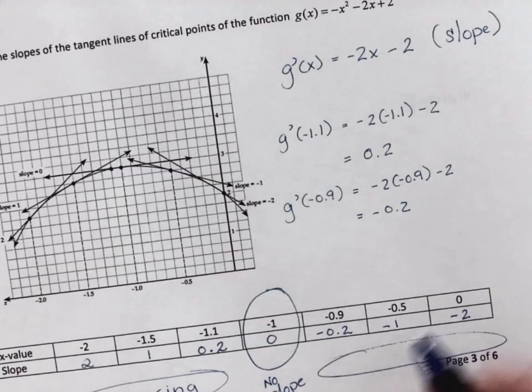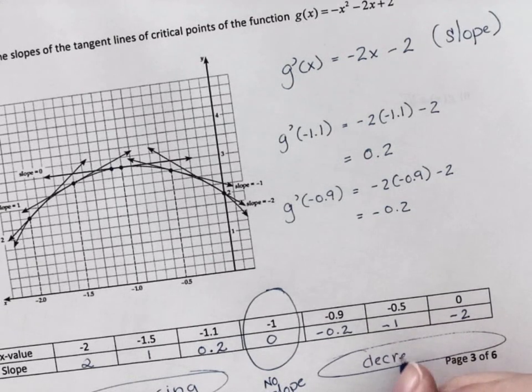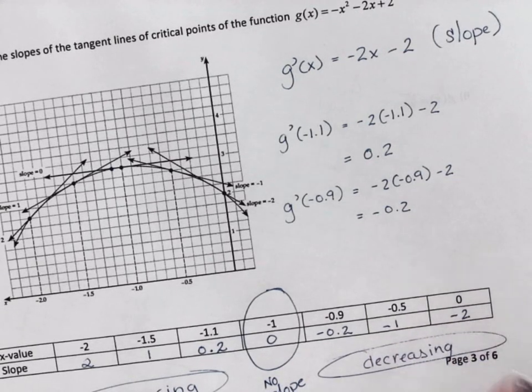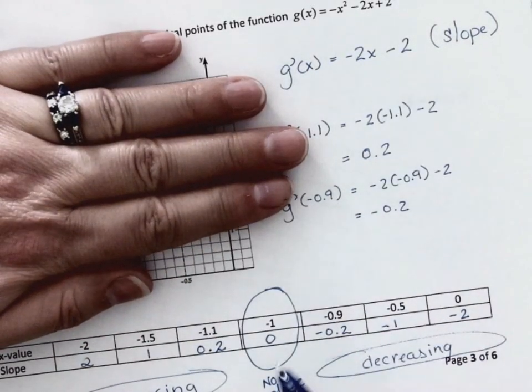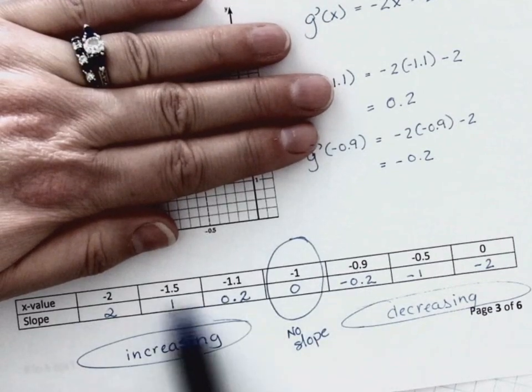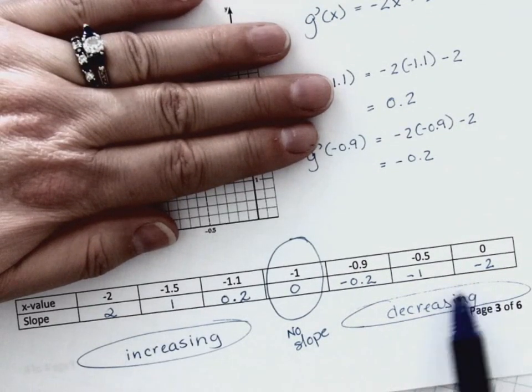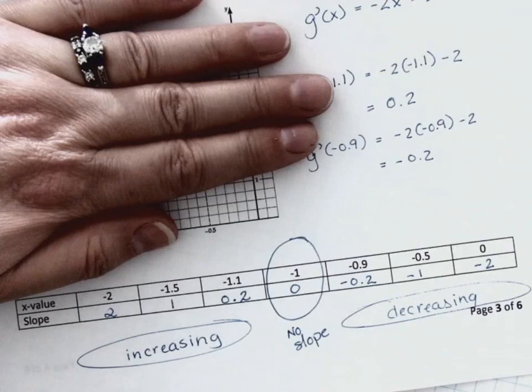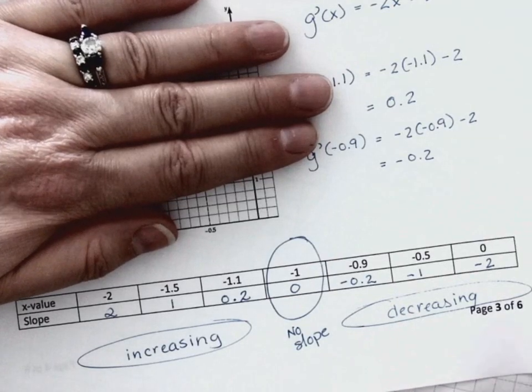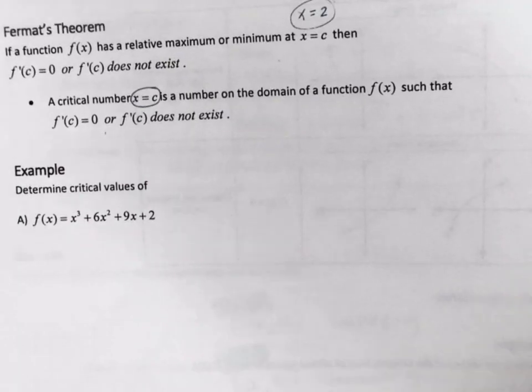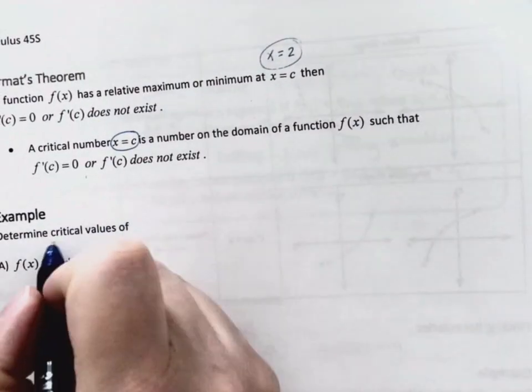And on this side I know it's decreasing because the slopes are negative. So even without this picture, if I have my critical point and some data to the left and right of it, I already know the shape without ever having to graph it. And so that's the thing. We're going to find critical points, so we're determining the critical values.